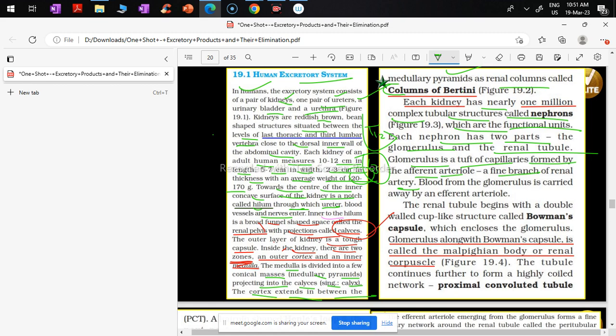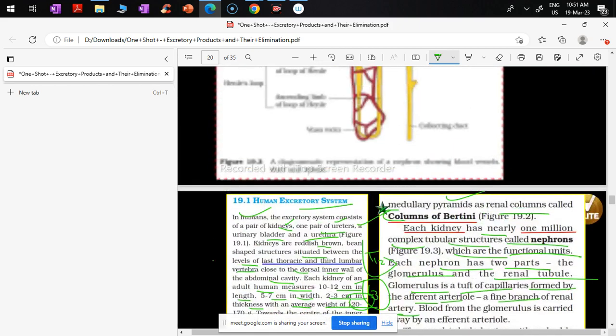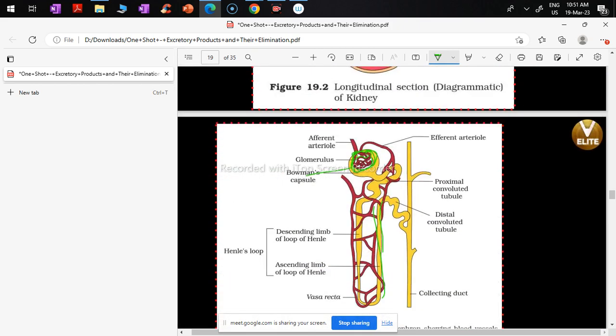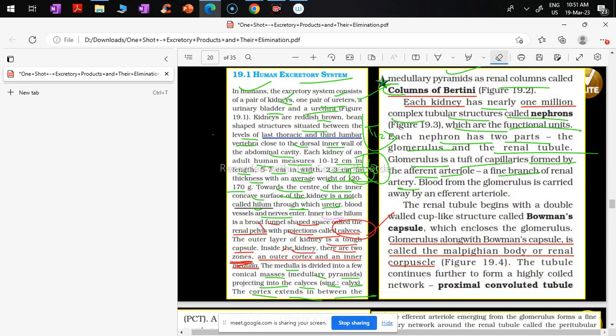Basically, the glomerulus is a tuft of capillaries formed by the afferent arteriole. This afferent arteriole we can also see in the diagram, and it is the fine branch of the renal artery that I told you.